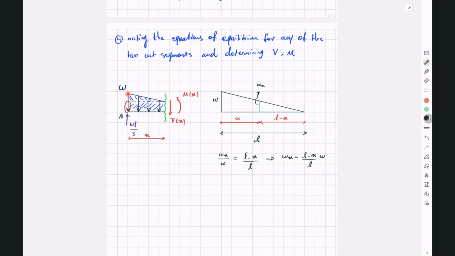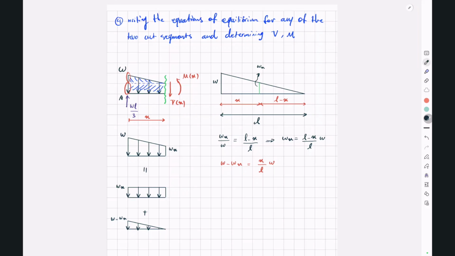And the magnitude of our triangular load will be W minus Wx, which is X over L multiplied by W. So if this is our trapezoidal load, we can say it's equal to a rectangular load and a triangular load. And now we can substitute each distributed load with the resultant force.